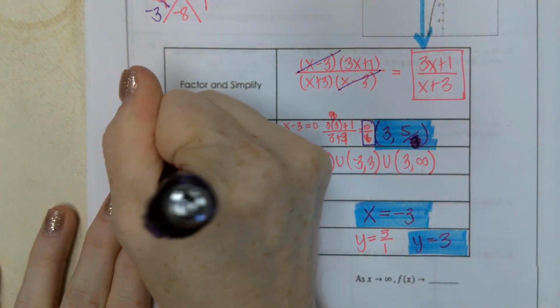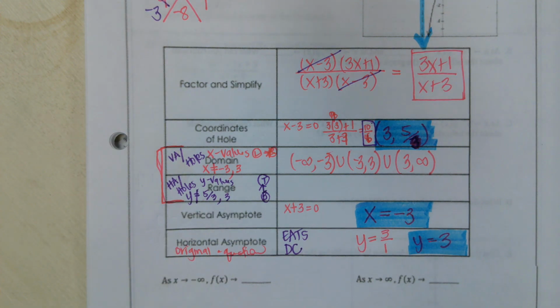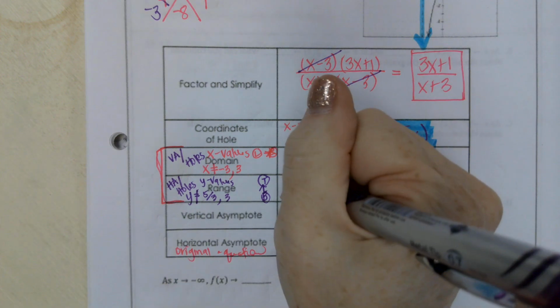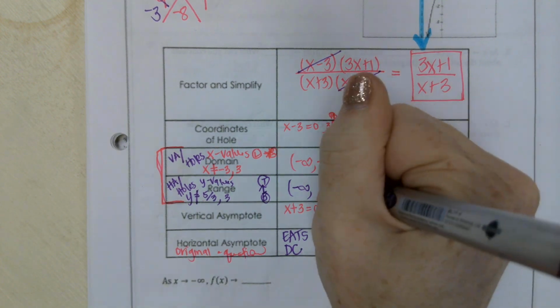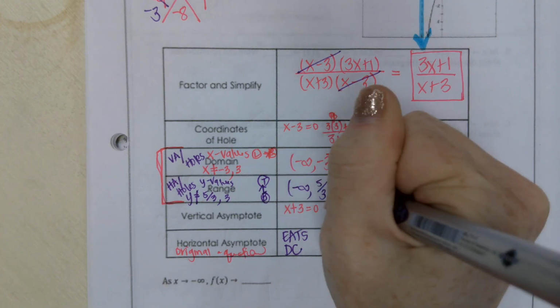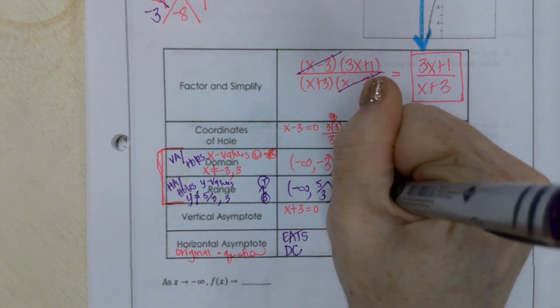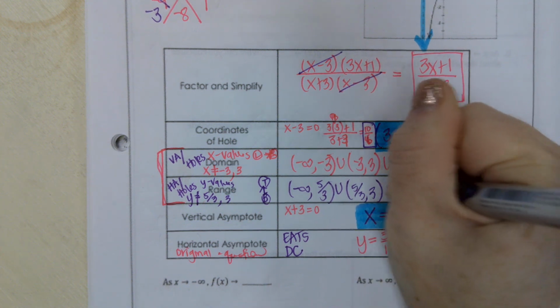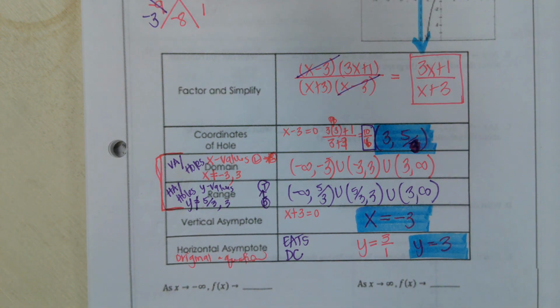So your horizontal asymptote and your holes affect your range. Okay? So from bottom to top, I'm going to say that I go from -infinity to 5/3. From 5/3 to 3. And from 3 to infinity.